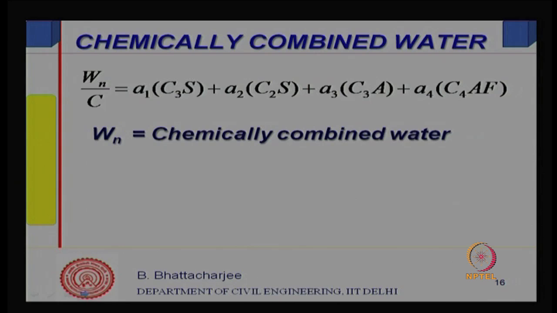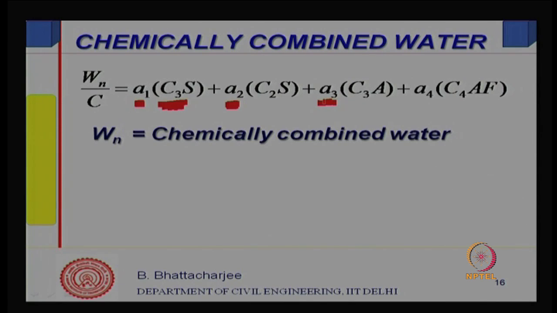So, if we want to find out the chemically combined water, we must know how much water C3S will require for full hydration, and how much water C2S requires for full hydration. So, this is the quantity of water required by 1 gram of C2S for its full hydration.